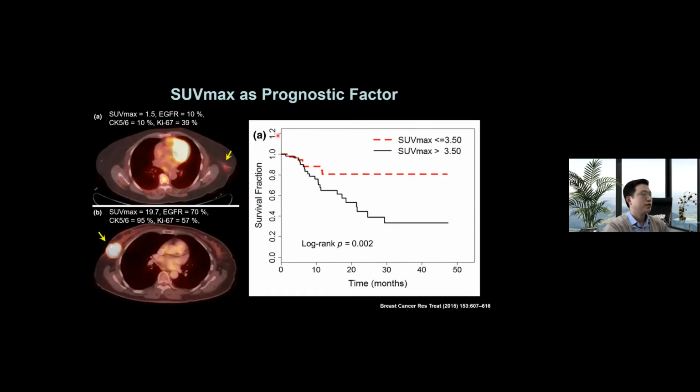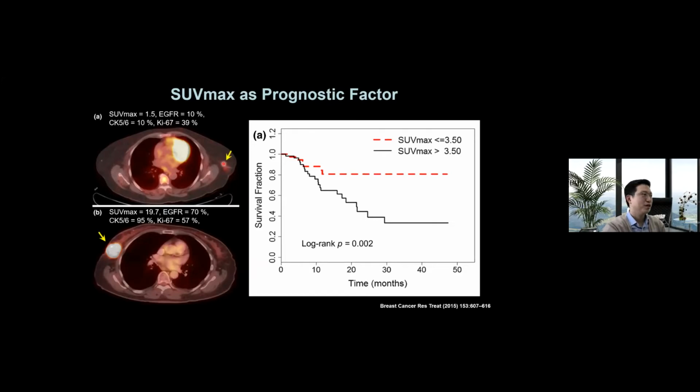So this is one example which was shown in this paper. This patient had a small breast cancer with low SUV max, and this patient had a large breast cancer with a pretty high SUV max. I think it would be nicer to have similar breast cancer size but different SUV max.